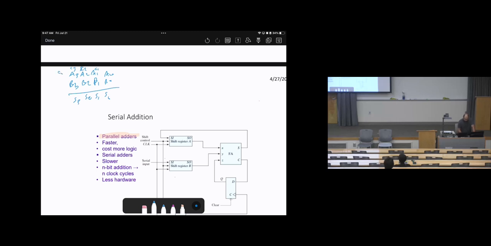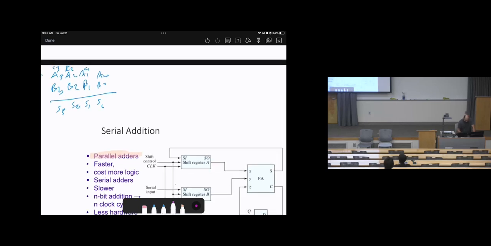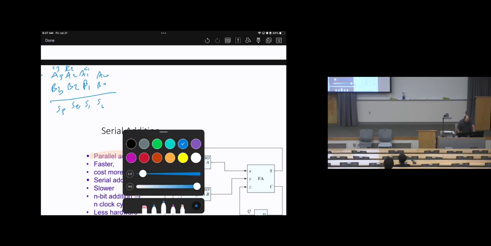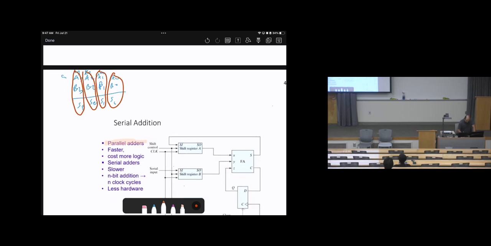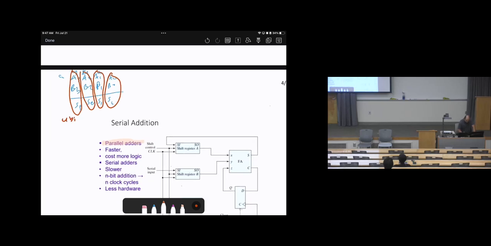So that was in the past. We used to make a full adder here, here, here, and here. So there used to be 4 bits. We need 4 full adders.